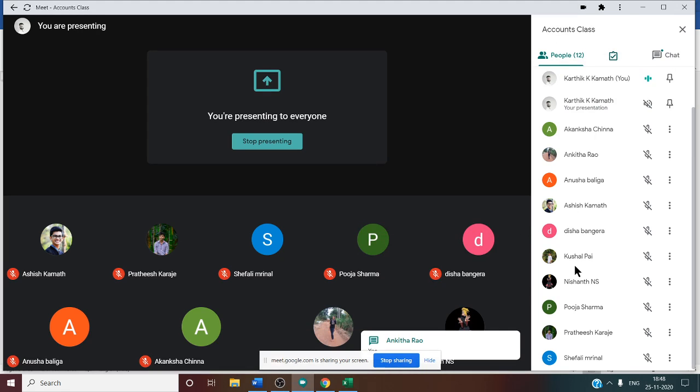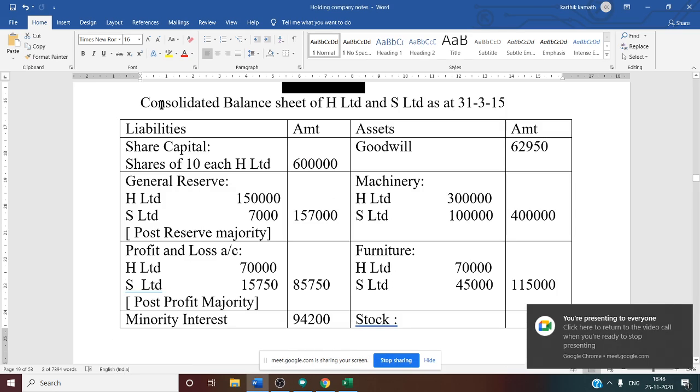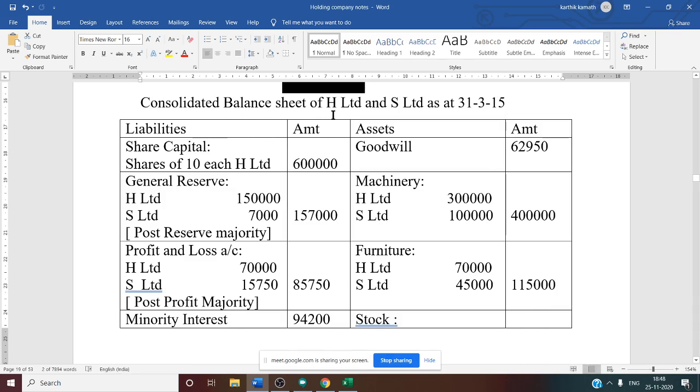Fine. Now we will see the final balance sheet. Consolidated balance sheet means combined balance sheet of holding company and subsidiary company. Consolidated balance sheet of holding and subsidiary company as at 31st March 2015.